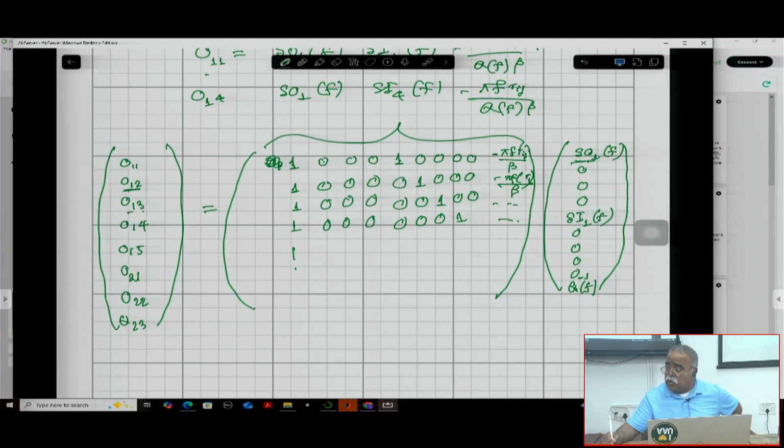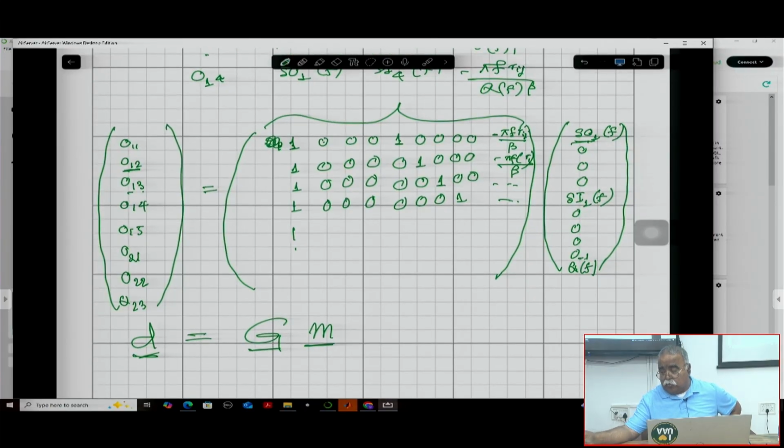This is what we call a matrix like D. This is your G, and this is your model parameter which you need to write. So this is your data matrix where you are calculating all the values. This is your G and this is your M. Now these are the few parameters you need to calculate: source, site, and the Q factor. You can calculate it out.